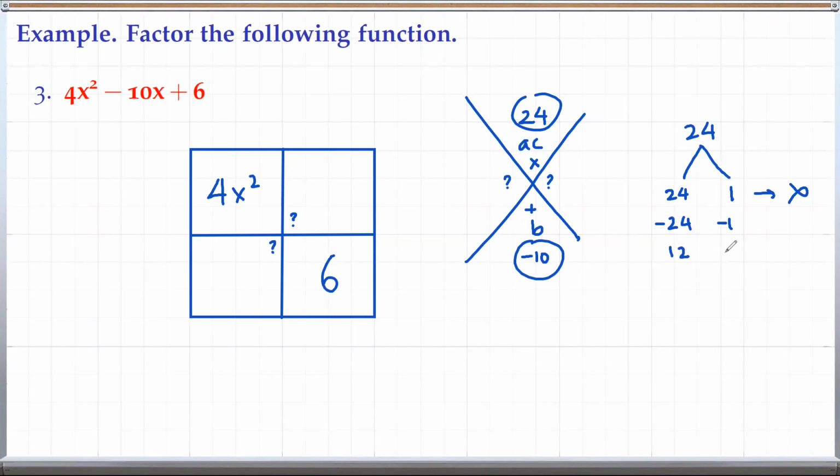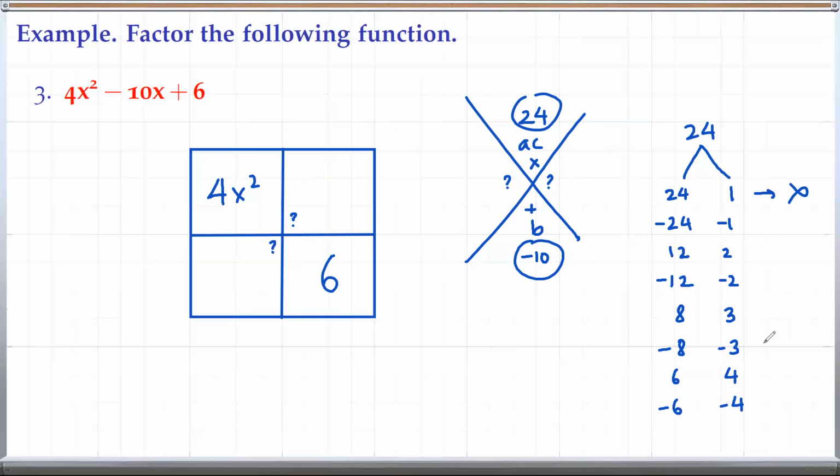The other way is 12 times 2, -12 times -2. So all these pairs give us product 24. The next one can be 8 times 3, -8 times -3. 6 times 4, -6 times -4.